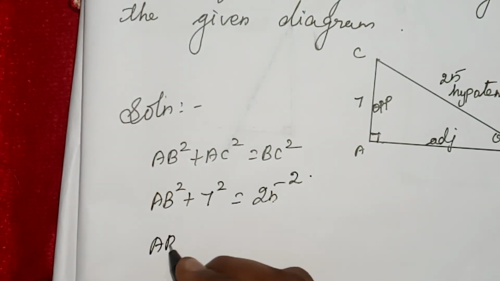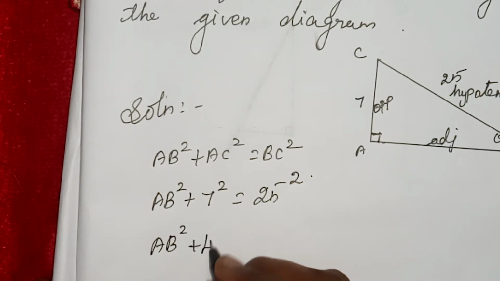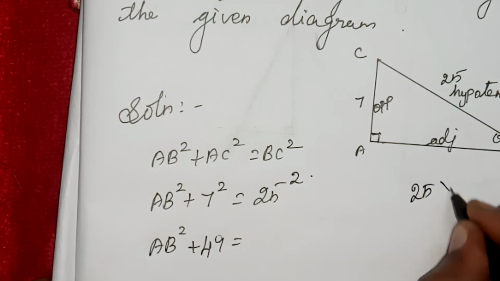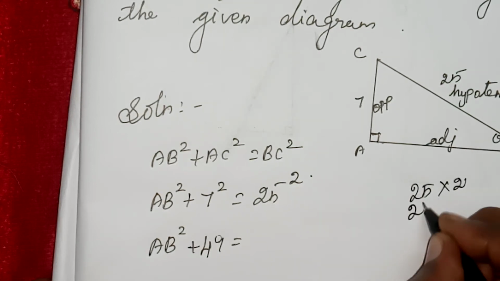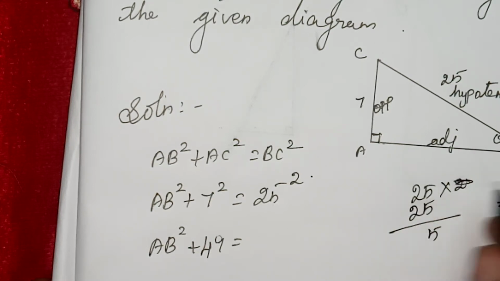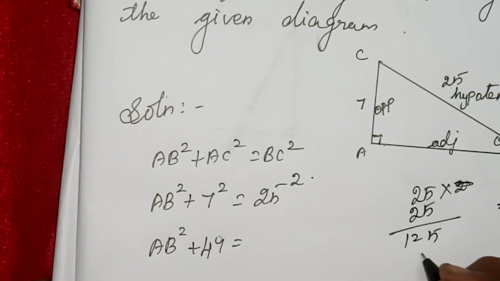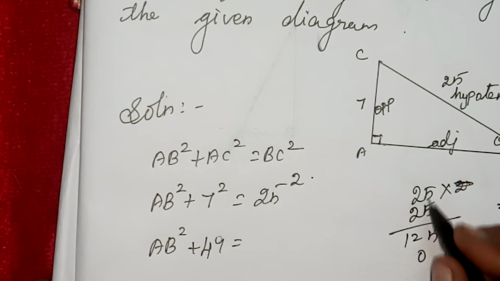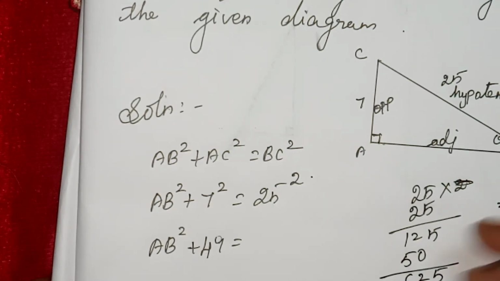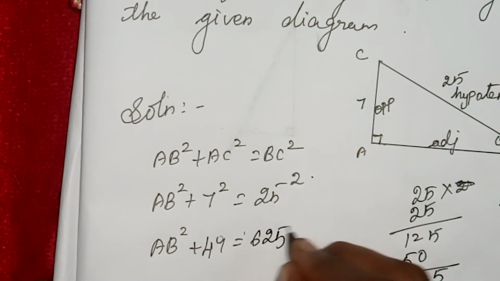Now, AB square plus 7 square means 49 is equal to 25 square, which means 25 into 25. 5 5s are 25, 2 balance. 5 2s are 10, 12. Next one balance, 2 2s are 4, 5. So 625.